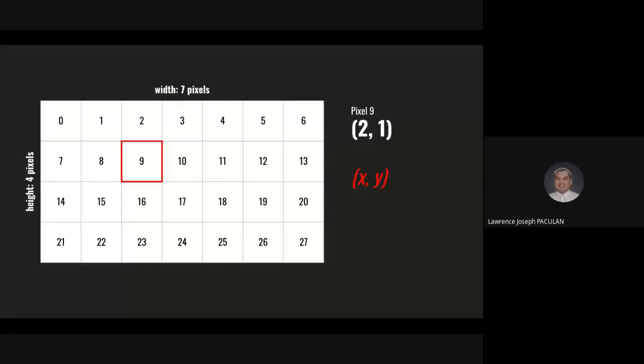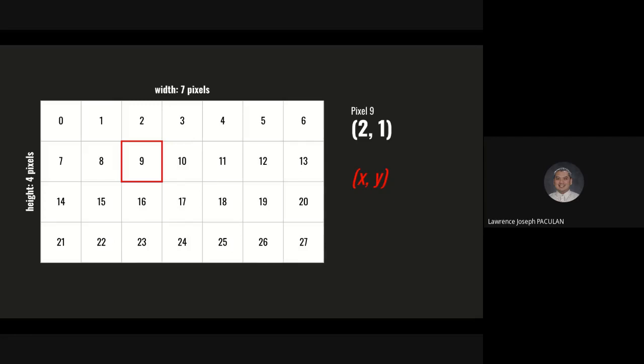Why is it 2, 1? If you see, this is 0, 1, 2. Therefore, along the x-axis, it's on the second location.